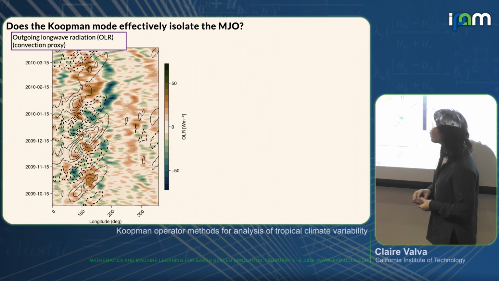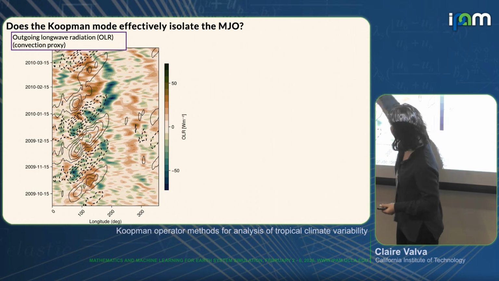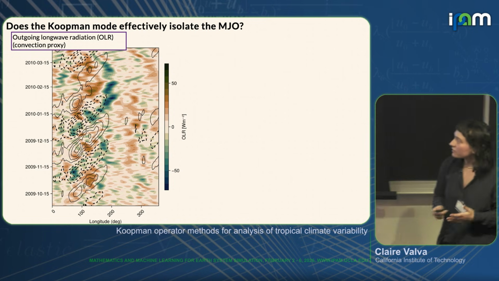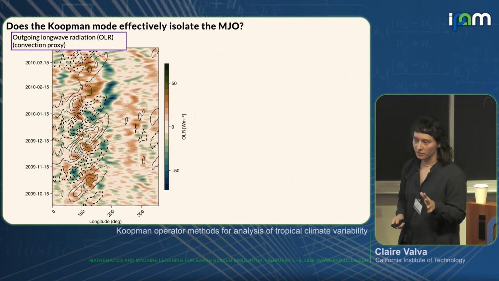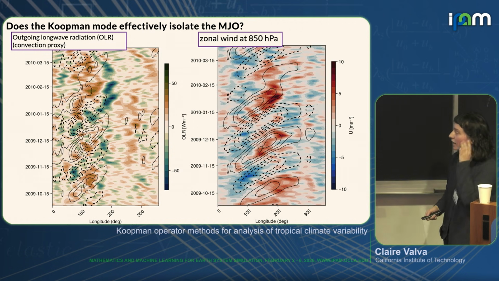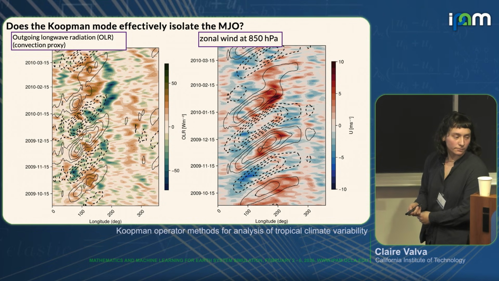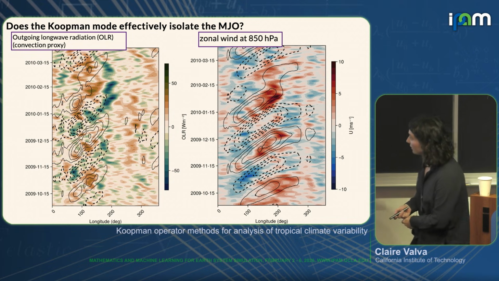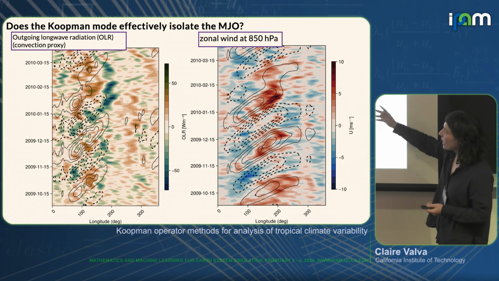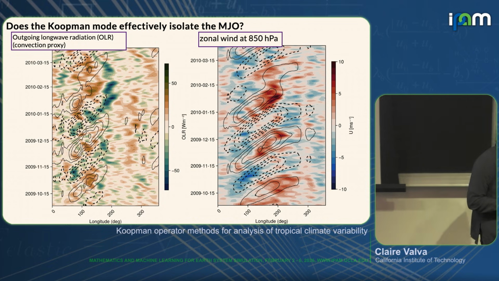But we are fairly well identifying MJO activity here, and less so at the very top, where there was convective activity that did some propagation, but it wasn't determined to be a pure MJO. And we can do the same thing looking at zonal wind. Again, same field, but on top of this we have put our Koopman mode, and we are fairly well identifying these modes of propagating convection and isolating the MJO.